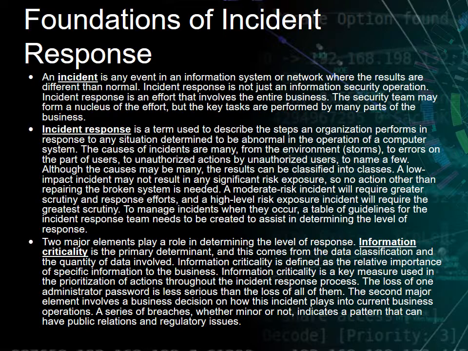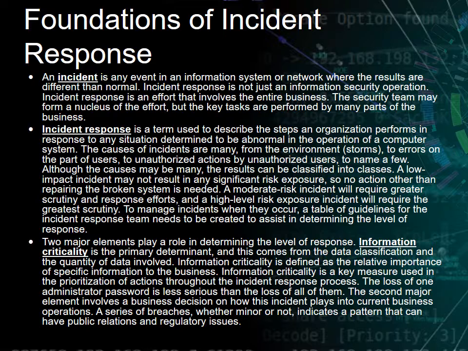Two major elements play a role in determining the level of response. Information criticality is the primary determinant, and this comes from the data classification and the quantity of data involved. Information criticality is defined as the relative importance of specific information to the business. It is a key measure used in the prioritization of actions throughout the incident response process.